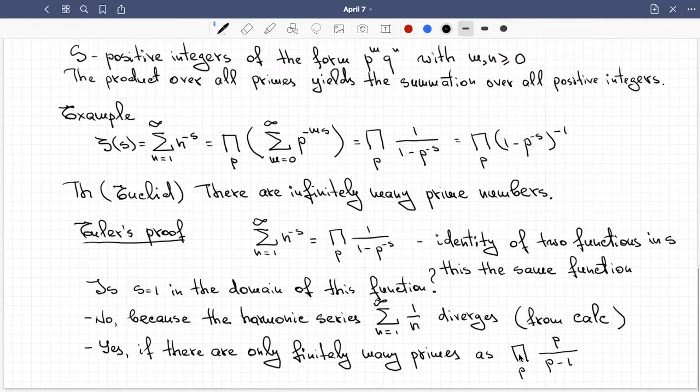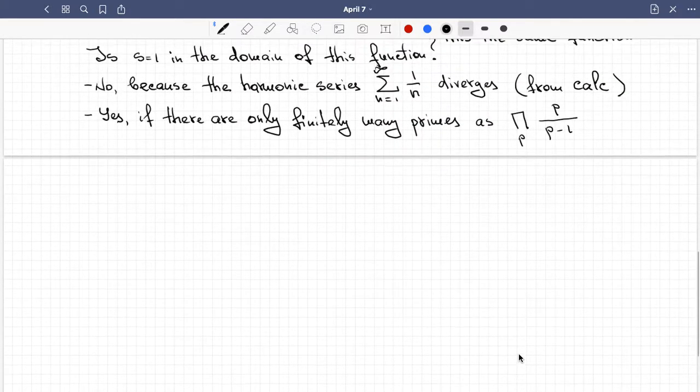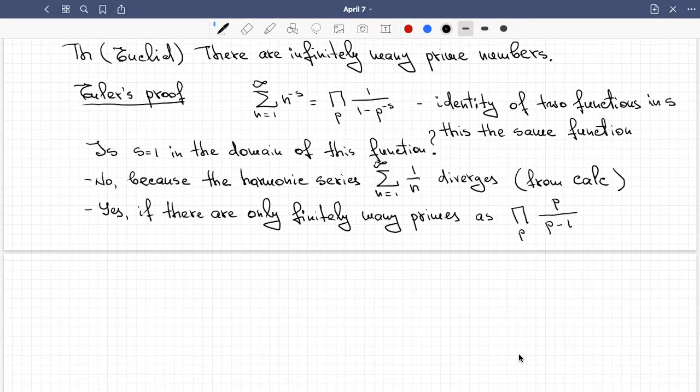This contradiction shows us that the assumption that there are only finitely many primes is wrong.